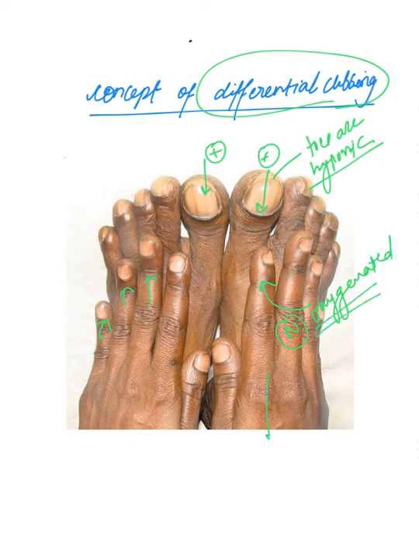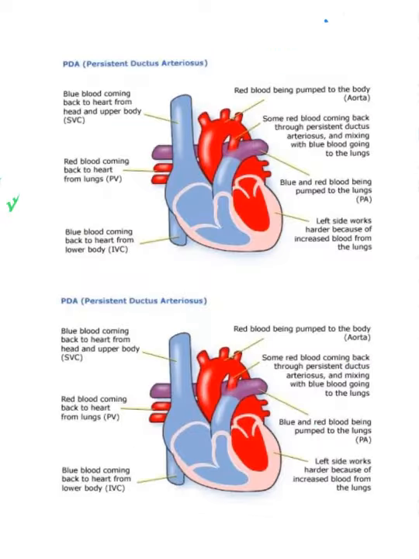This condition is classically associated with patent ductus arteriosus, and we shall understand in the next slide how it happens. So patent ductus arteriosus is a fetal structure which was supposed to disappear after birth. This fetal structure connects the descending aorta.